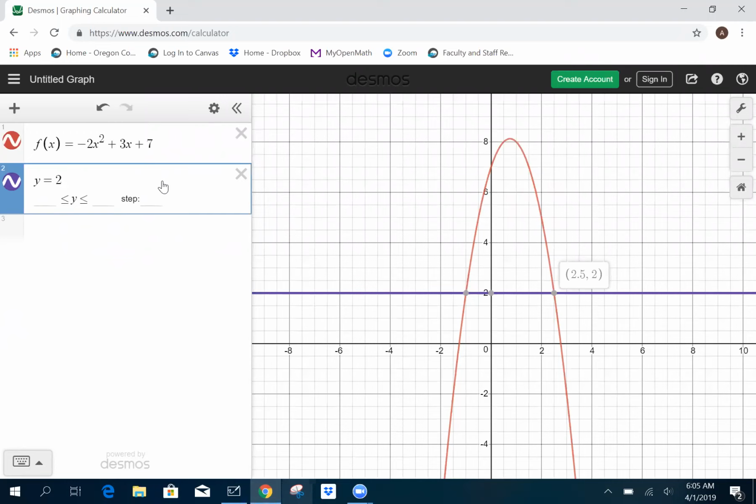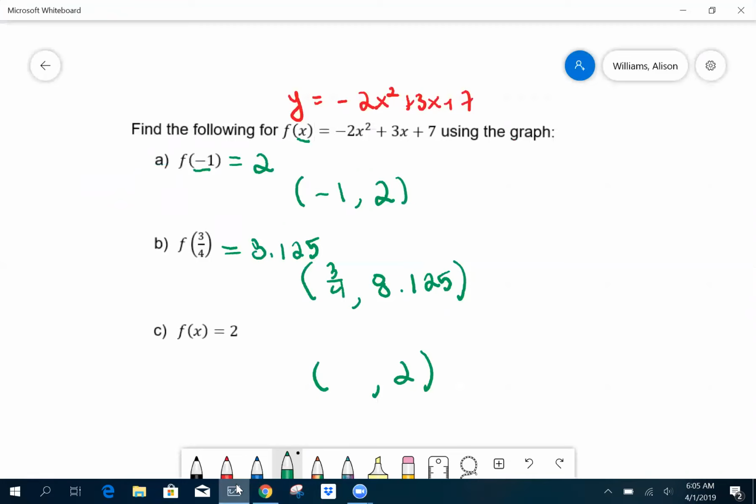If you just hover over them, we see that when x is 2.5, y equals 2. And then we already found another value where y equals 2. That was when x equals negative 1. So it actually equals 2 in two different places, at negative 1 and at 2.5. So there's actually two answers for this one.